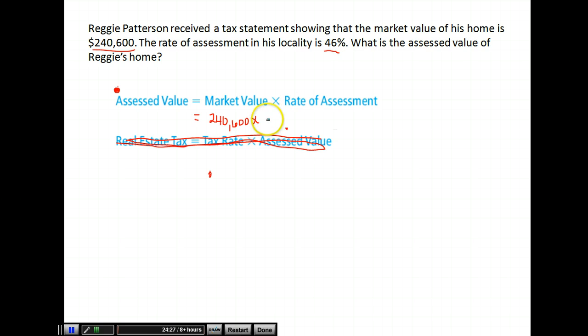And in this case, the rate of assessment was given to us as a percentage, 46%. So I move the decimal over 2 places to the left. So all I have to do is take our 240,600 and multiply it by that 46%, 0.46, and I will have my answer. I get $110,676 is the assessed value for his home.